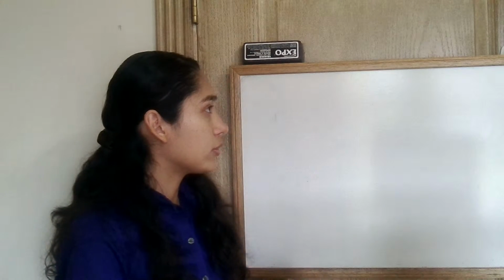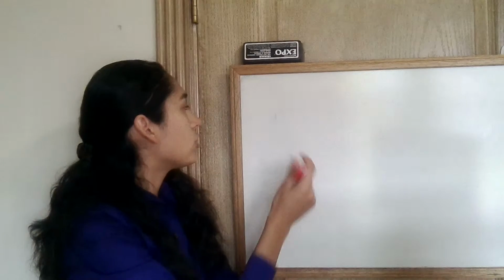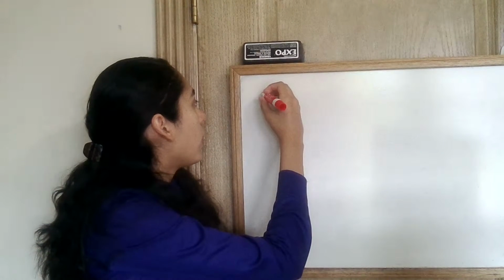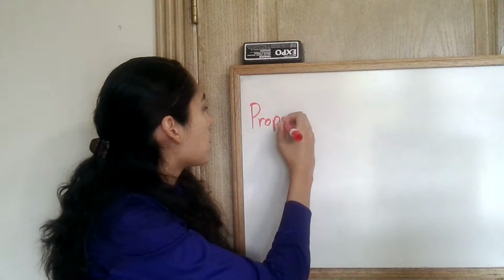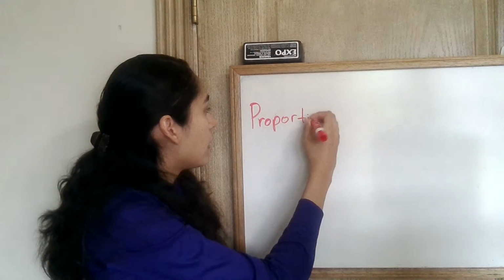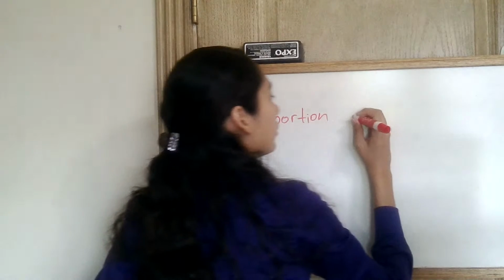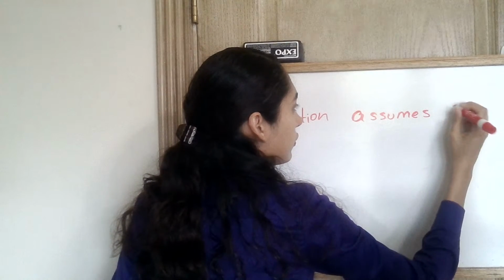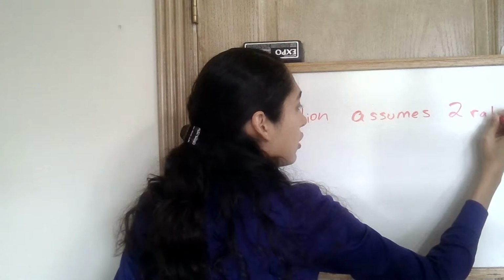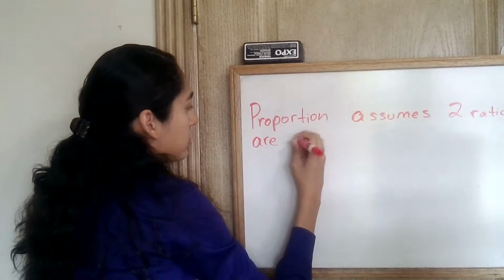So if we remember, a fraction can be a ratio. So if we have a proportion, it assumes two ratios are equal to each other, or are equivalent.